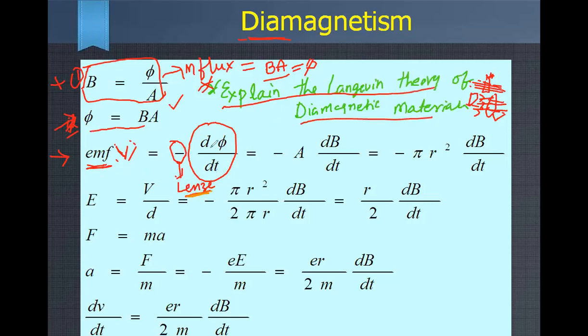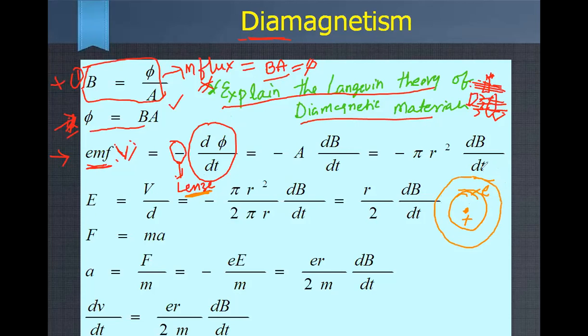What is actually Lenz law? Suppose the electron, let us say this is the circuit, I should draw this. Electrons are revolving around this nucleus in orbitals, and the nucleus is here. When electrons are revolving around the nucleus in a particular orbit, they have the flux.